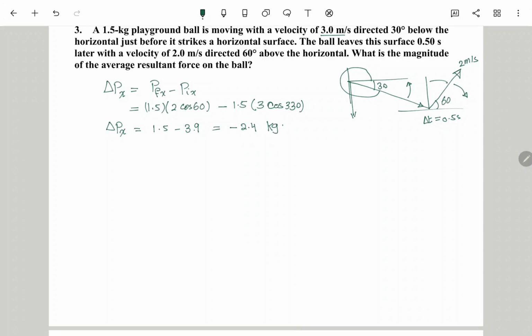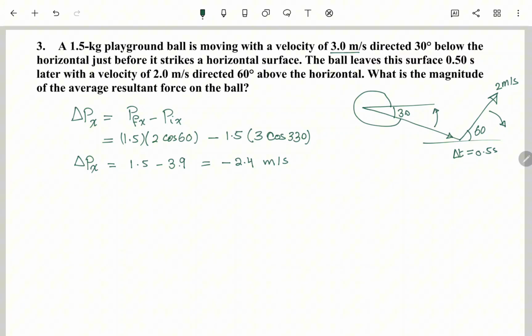kilogram meters per second. Now let's follow the same procedure when calculating the change in momentum at y, equal to p final y minus p initial y.